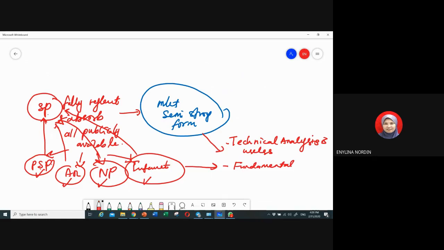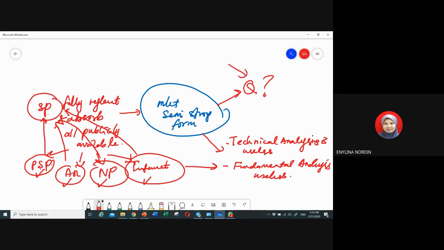That's why fundamental analysis here also becomes useless. Therefore, this analysis cannot help the investor to make an extraordinary profit and also cannot beat the market.